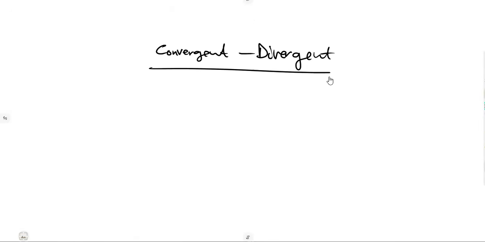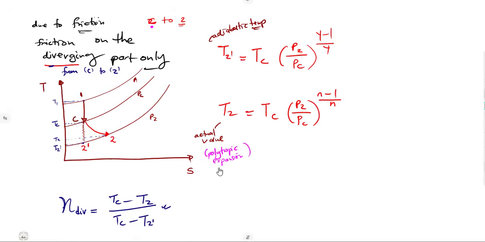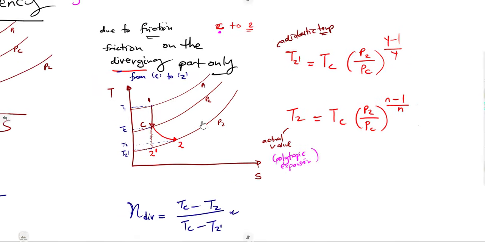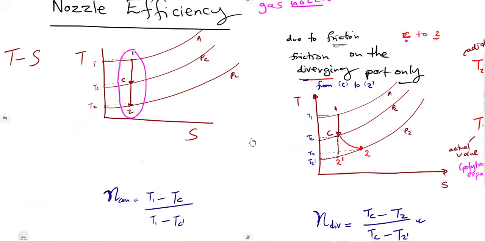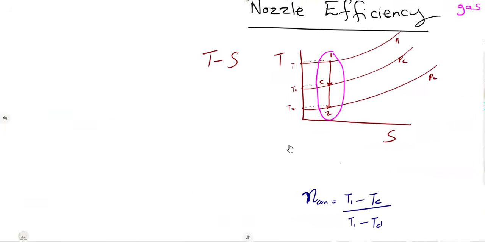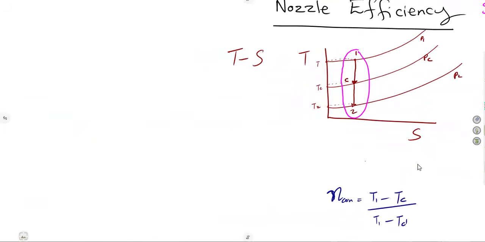If I bring it this side so that you understand me: remember here we affected the diverging part. Now we want to affect the whole part from this original. So the whole section now will give our overall efficiency, the nozzle efficiency.